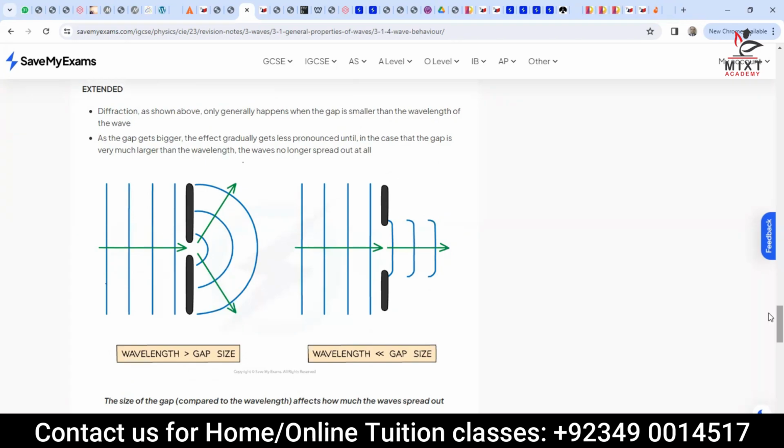Or if the wavelength is smaller than the gap size, then the wave after spreading from the gap will be less and less round. Right? So I will read it for you.